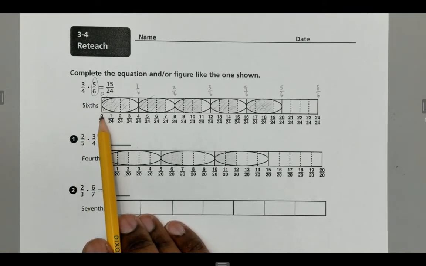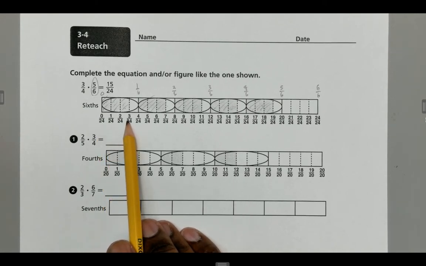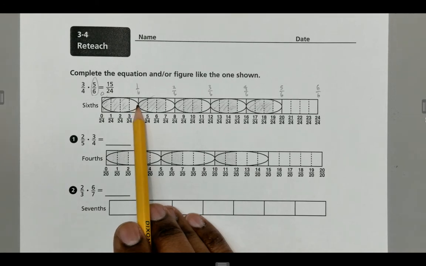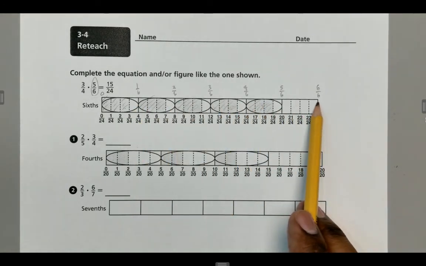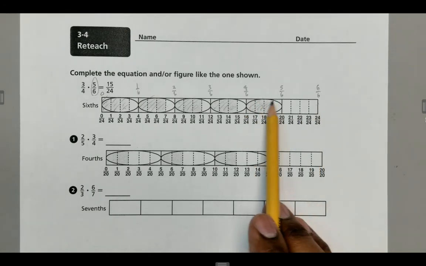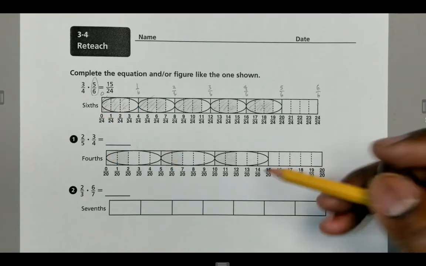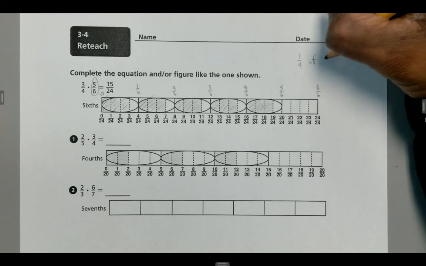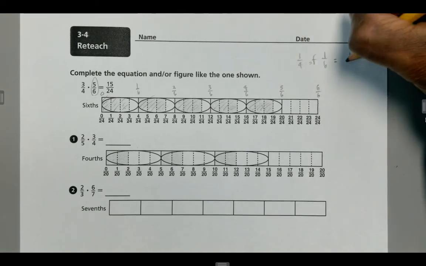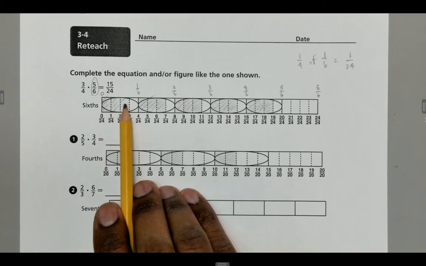The reason that you see 24 as the denominator is because within each of these 6 sections, I have divided each of those circled sections into 4 equal parts. And 1/4 of 1/6 is 1/24. So each of these is 1/24.